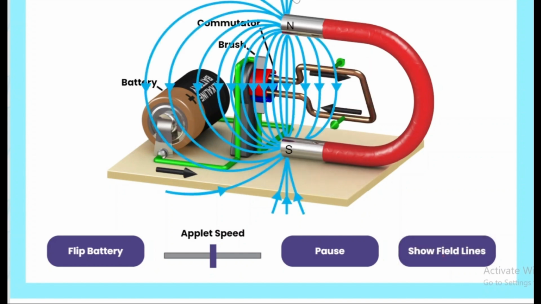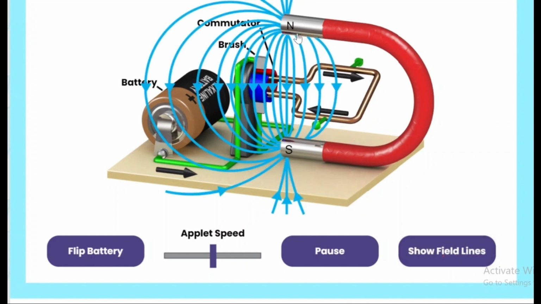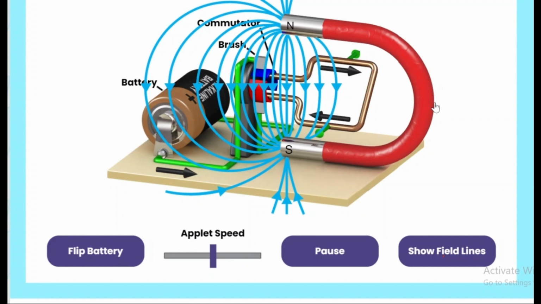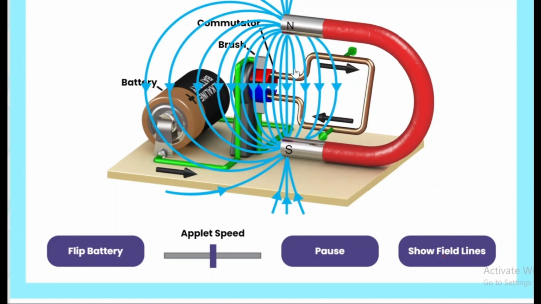Here we have the magnetic field of this external magnet, and inside the magnetic field of this external magnet, this conductor is present. This conductor is also connected with the battery. So a magnetic field will be produced around this conductor. The direction of the magnetic field of this conductor is given by the right hand rule.